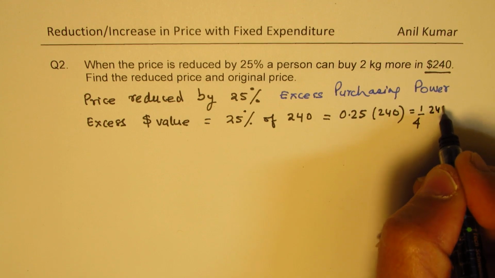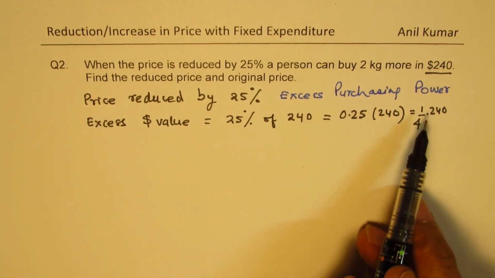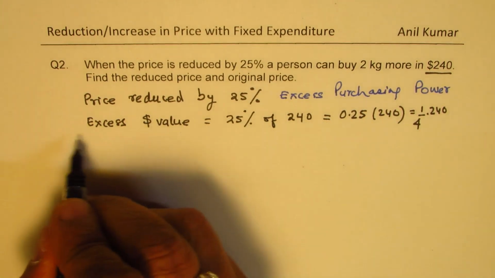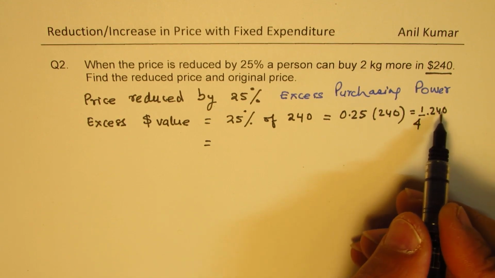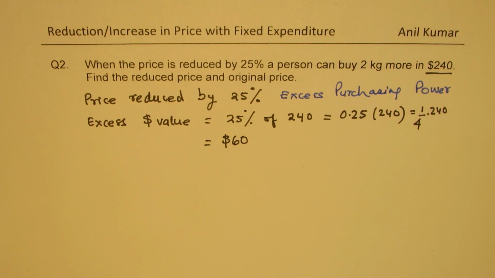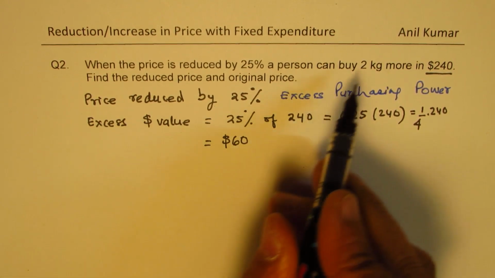Sometimes using fractions is much faster. 25% is 1/4, so either way, you get excess value as 1/4 of 240, which is $60.